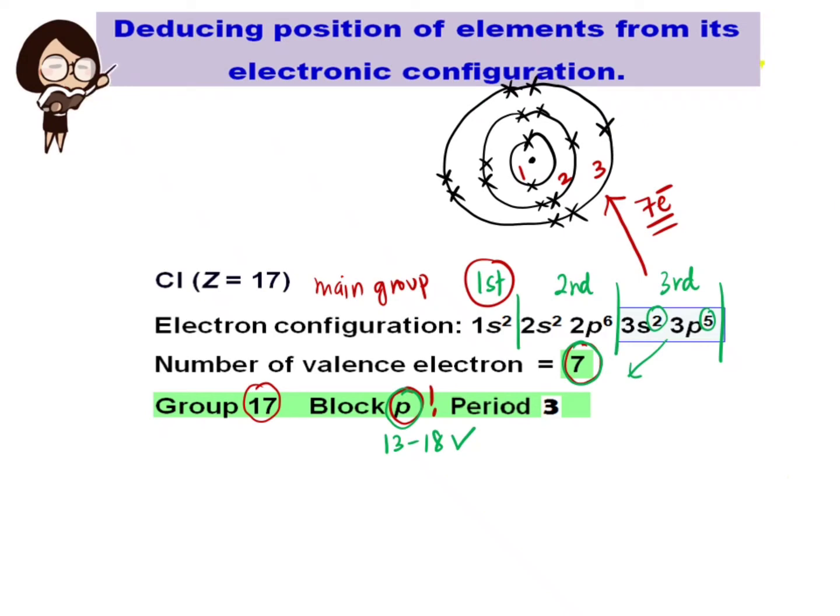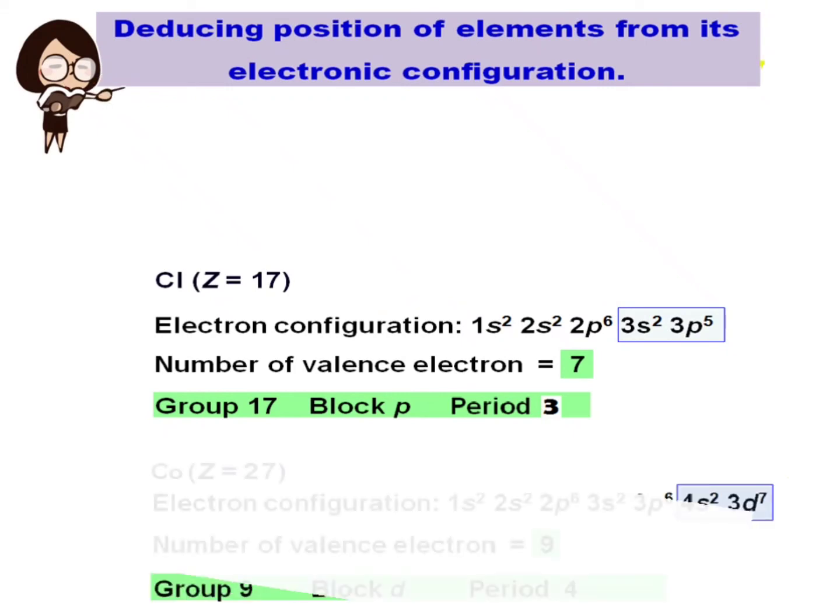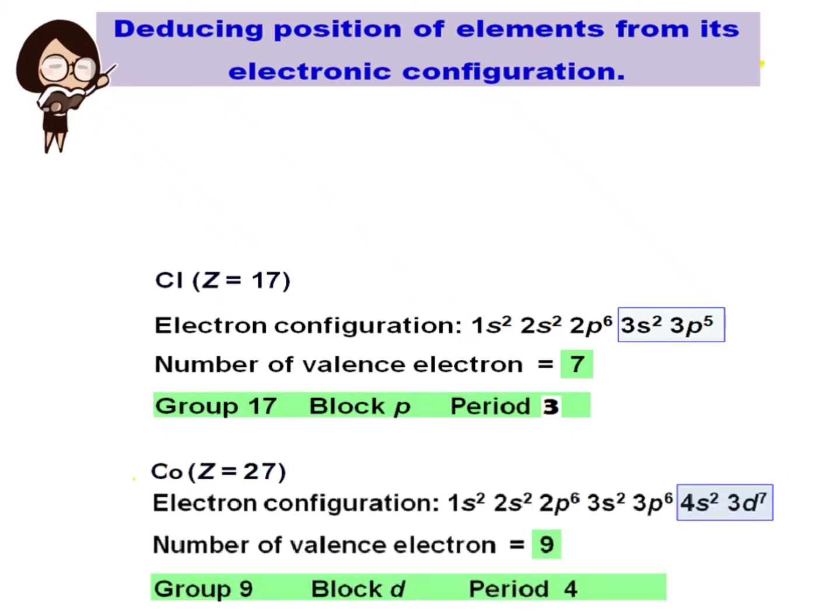Okay, so bila dia ada 7, group dia adalah group 17. Boleh? Okay, so ini untuk main group element. Main group element awak boleh pakai cara macam ni lah. Tapi untuk transition element, you tak boleh guna cara macam tu. You kena faham.